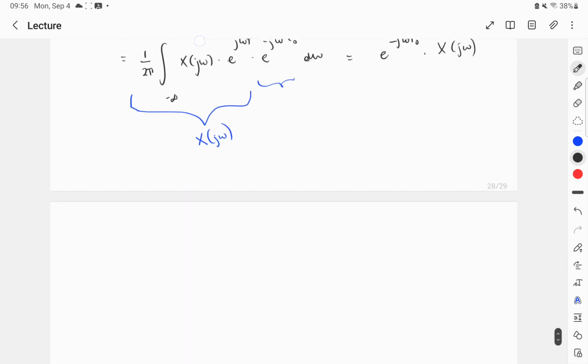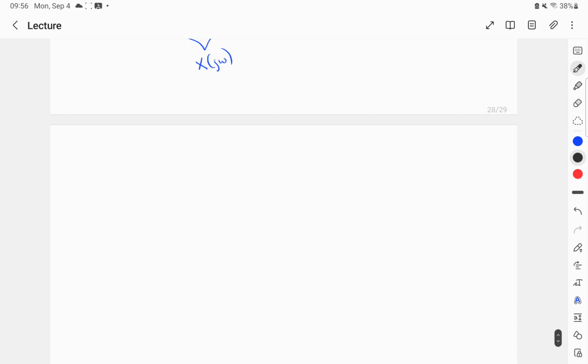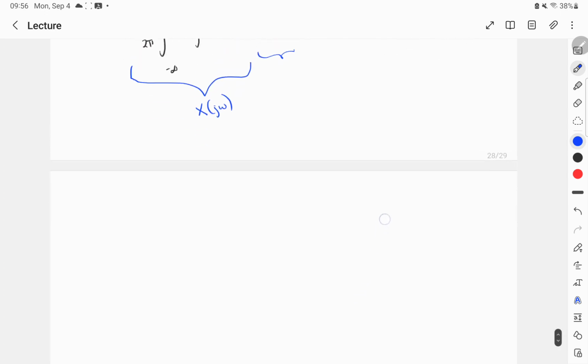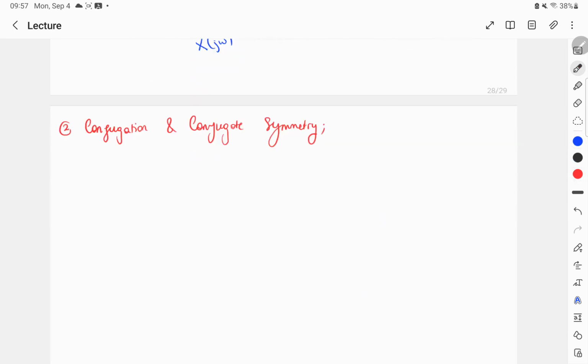Now let's move on to the next property, which is conjugation and conjugate symmetry. Now, what does this property tell us?